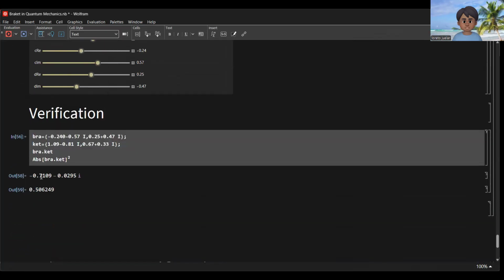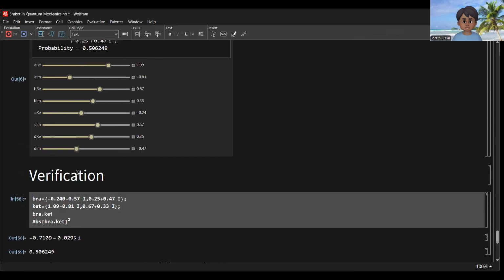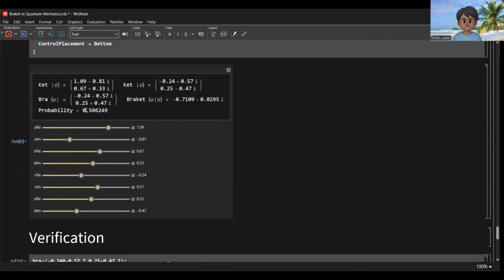So we have the bracket here, negative 0.7109 minus 0.0295i. So this is the answer.